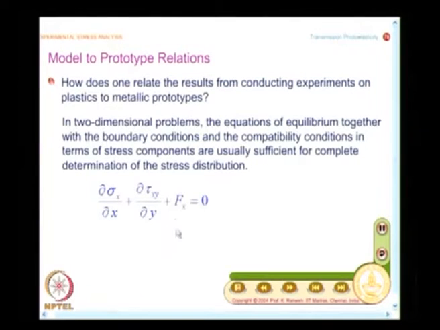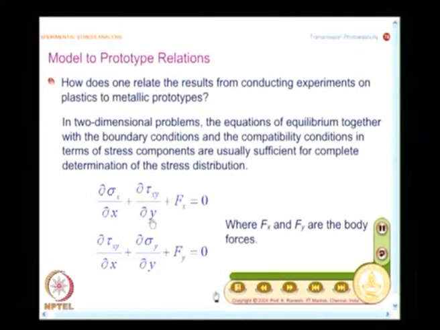And how does the equilibrium condition look like? You all know dou sigma x by dou x plus dou tau x y by dou y plus f x equal to 0, where this is the body force, and you have dou tau x y divided by dou x plus dou sigma y by dou y plus f y equal to 0. I have used the equality tau x y equal to tau y x while writing this expression.